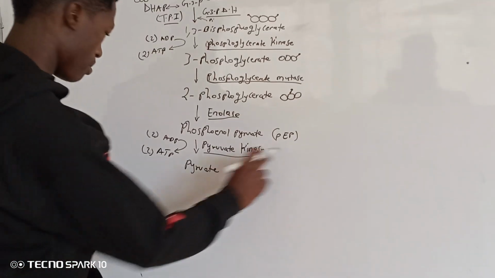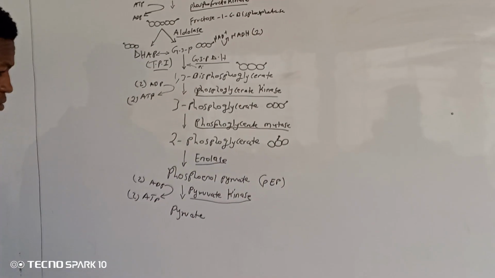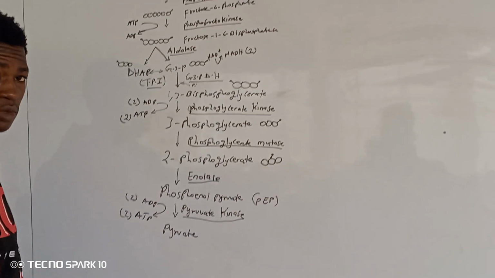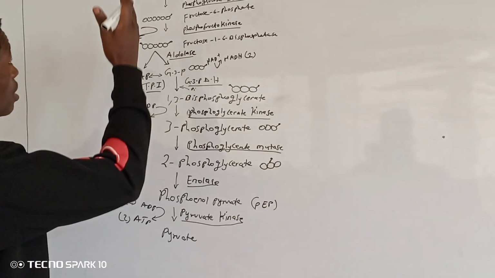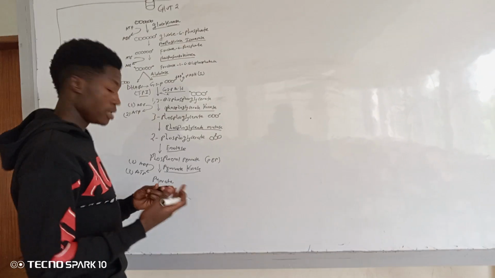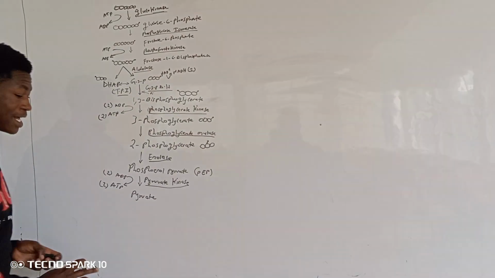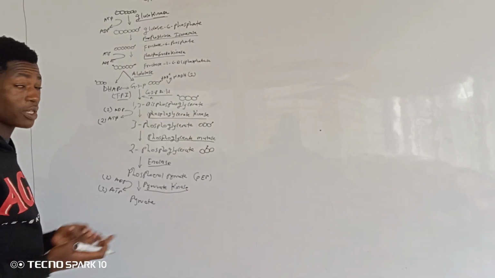Now let's see. Pyruvate kinase has converted phosphoenolpyruvate to pyruvate. Now, what's the fate of this pyruvate? Because the aim of glycolysis is just to give us precursors for other pathways that will be needed for the generation of ATP. Now, pyruvate has three fates, or can have three pathways to go through.